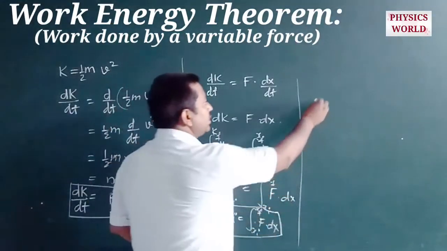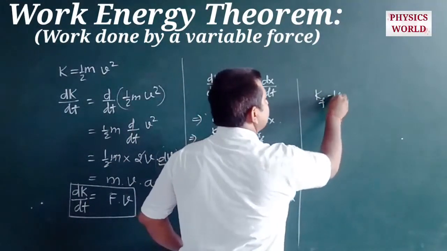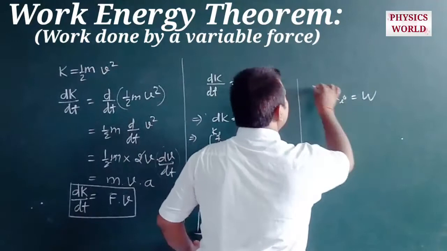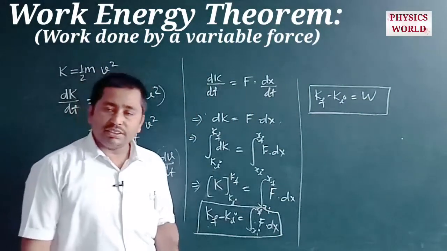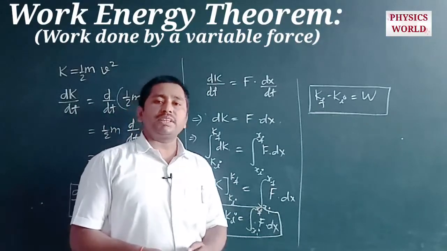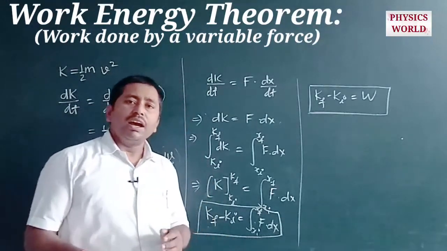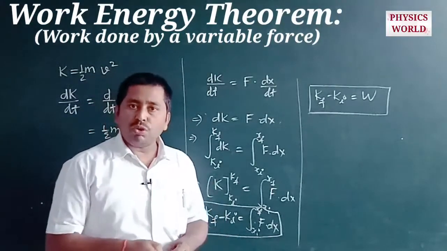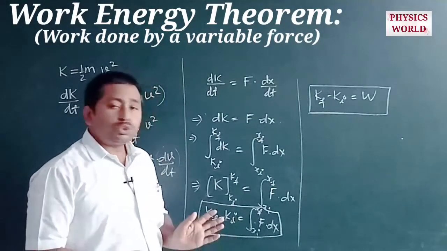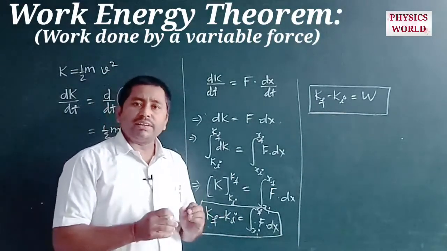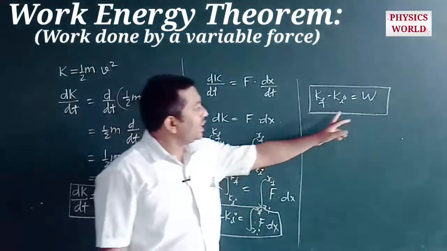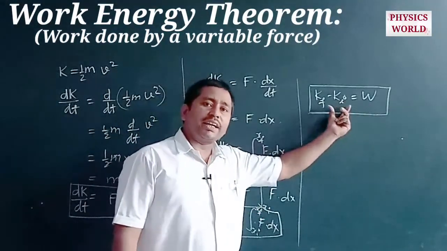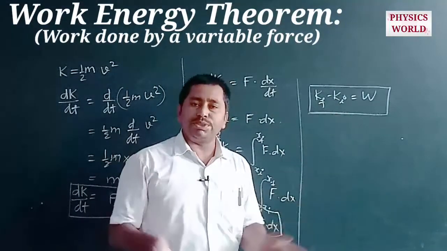It means Kf minus Ki is equal to W. It means if there is a change in the kinetic energy of any object with respect to time by applying some variable force on the object, then the total amount of work done by the variable force is always equal to the change in the kinetic energy of that object.